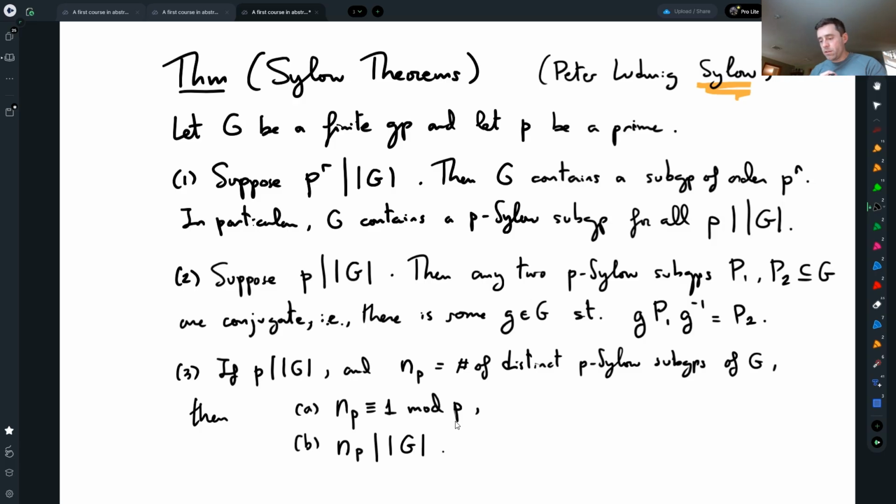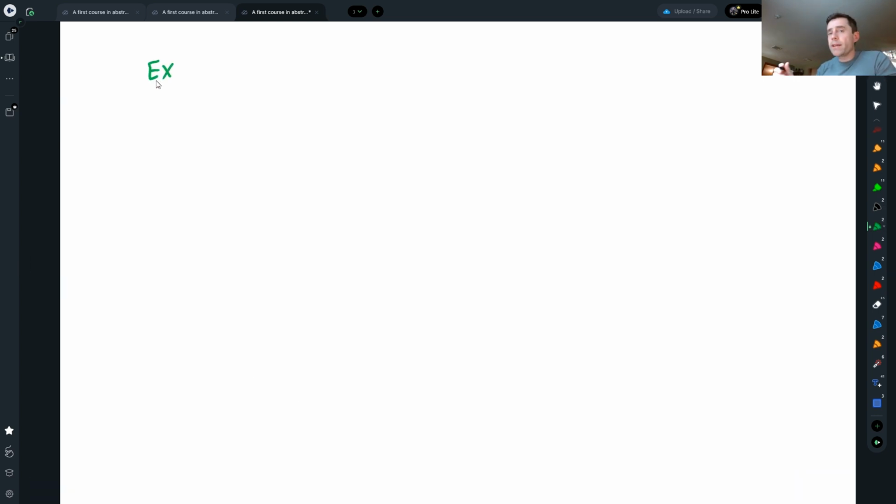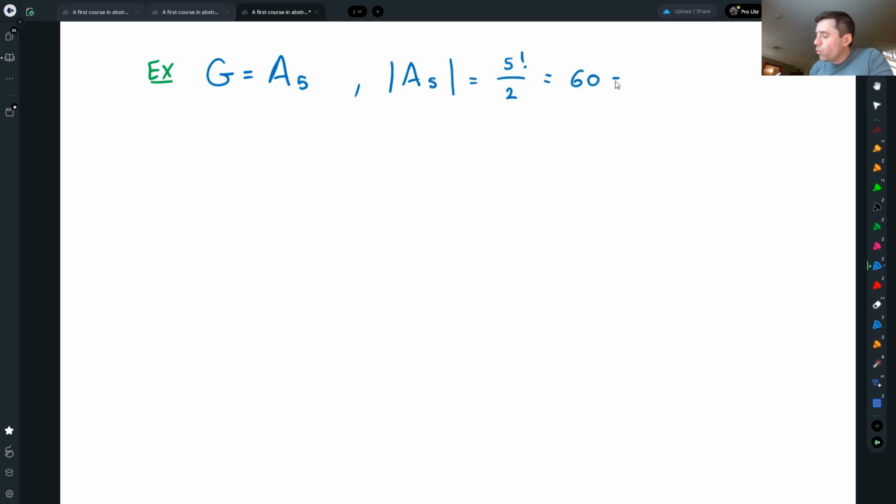Okay, so these are the Sylow theorems, and let's put them to work. Let's use them with an example of A5 to try to figure out all the p-Sylow subgroups of A5. I know the size of A5: A_n has size n factorial divided by 2, half of the size of S5, and that is 60, which is 4 times 3 times 5.